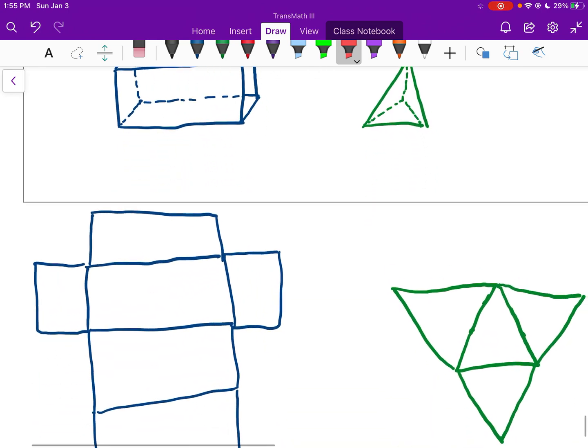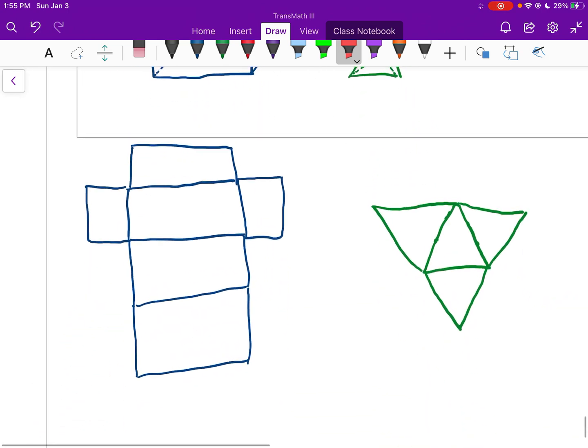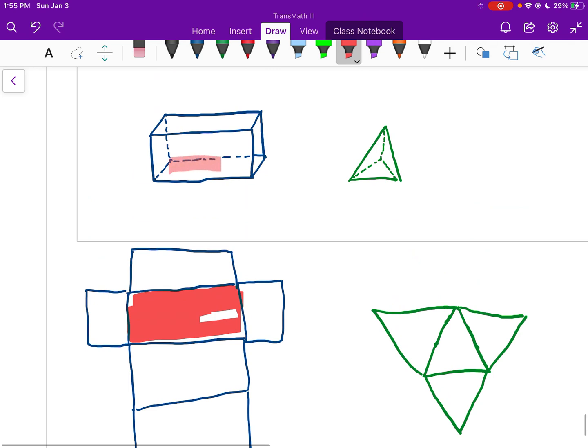So what you're going to notice for that rectangular prism that we have there, we've got our base. Here would be the base, that one right there. Then we have to unfold all those other ones. Those side faces, those would be these faces here.